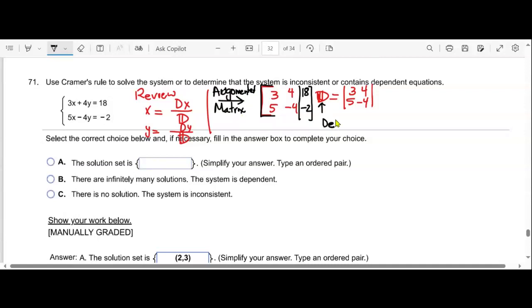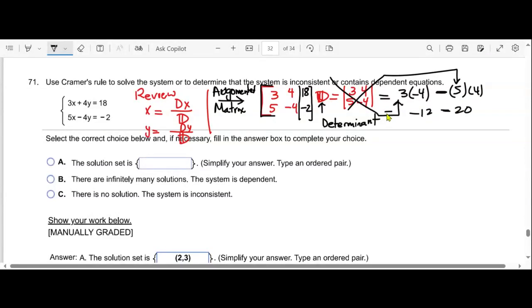This is called the determinant, right? How can I get the determinant? Multiply the diagonal, correct? So 3 times -4, subtract 5 times 4. That's -12 minus 20. So what's the answer? -32. Is this clear? Yes. So that's Big Daddy.